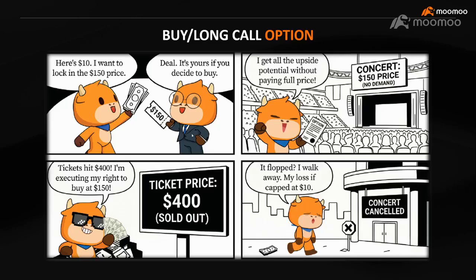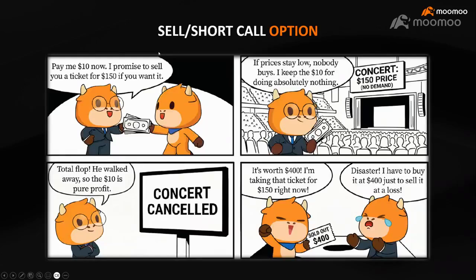Let's look at the example of selling, or what we call a short call option. The seller says, you pay me $10 now, and I promise to sell you the ticket at $150. Very similar, right? It's the same story.